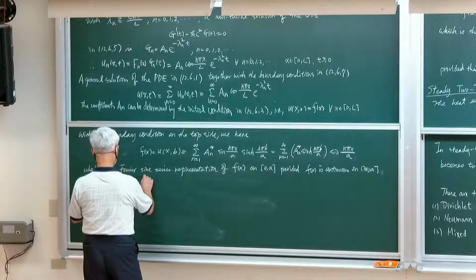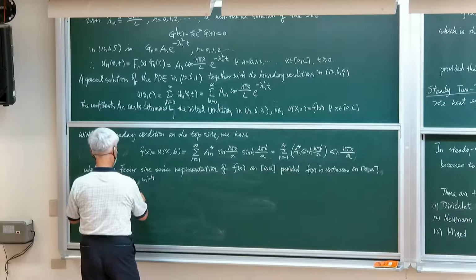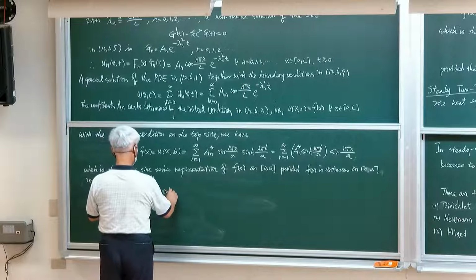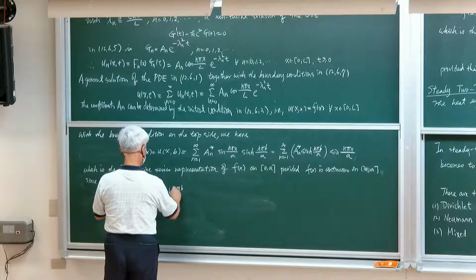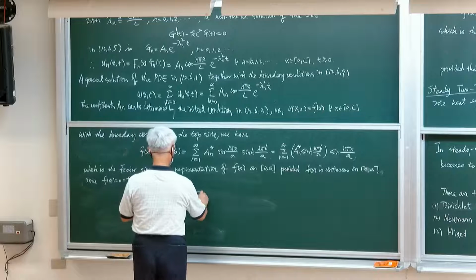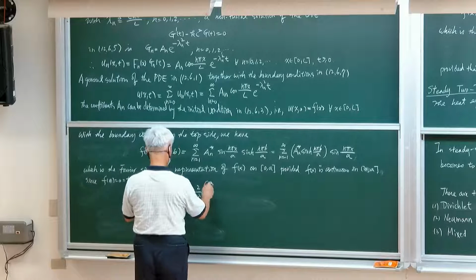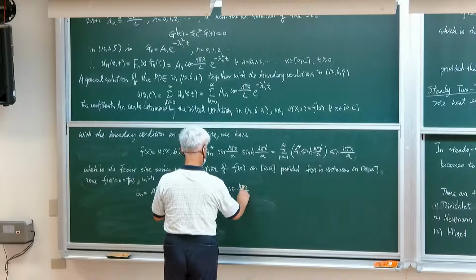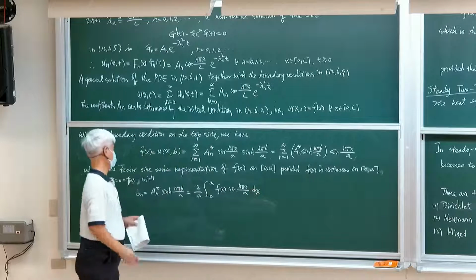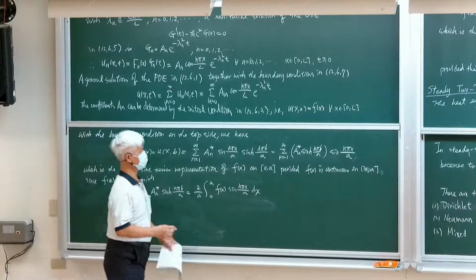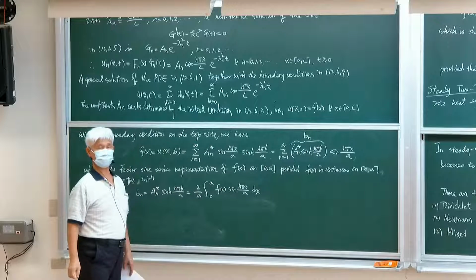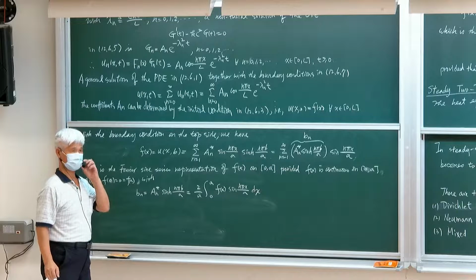And we know that Bn is An star hyperbolic sine of n pi b divided by a, which is equal to this integral. So this is the Bn in the Fourier sine series expansion.